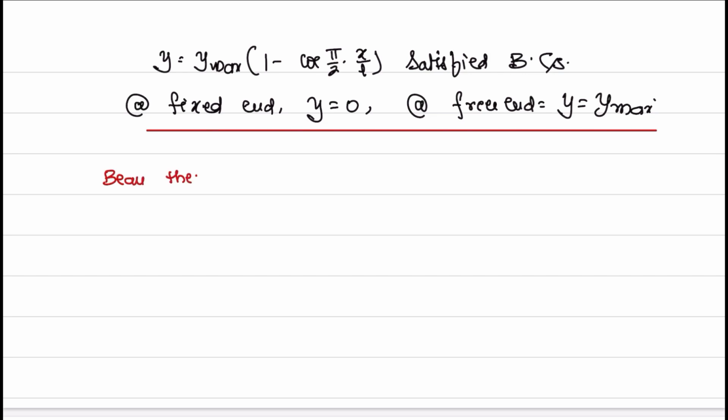Beam theory implies M by I is equal to sigma by y is equal to E by R, which implies M is equal to EI by R. Do you agree to it?